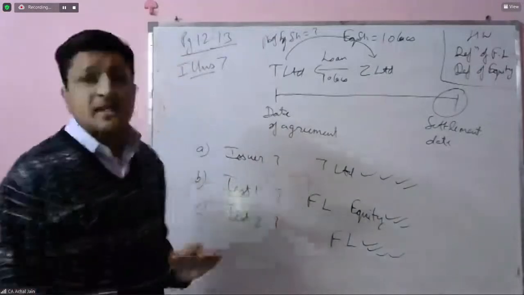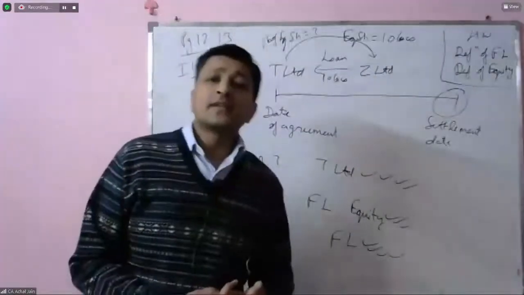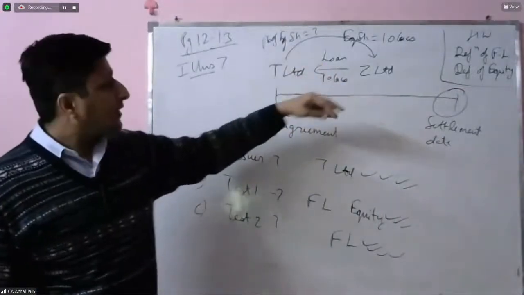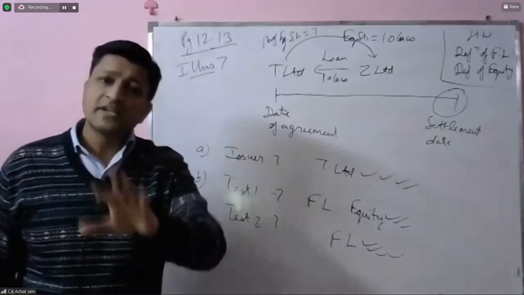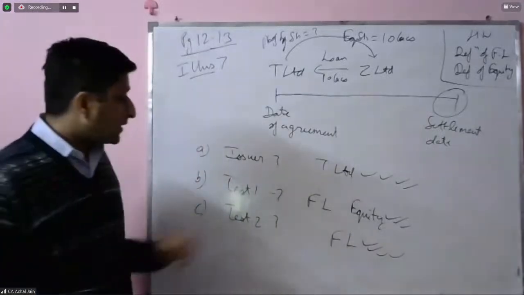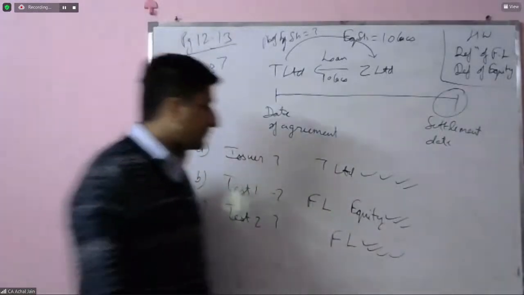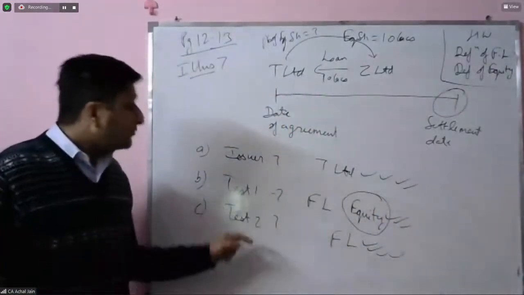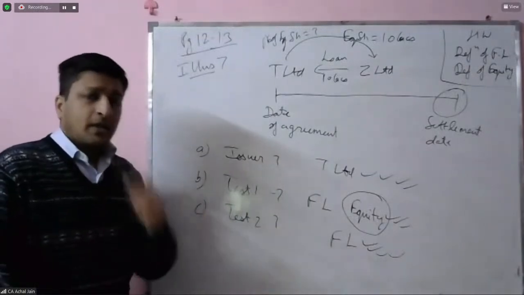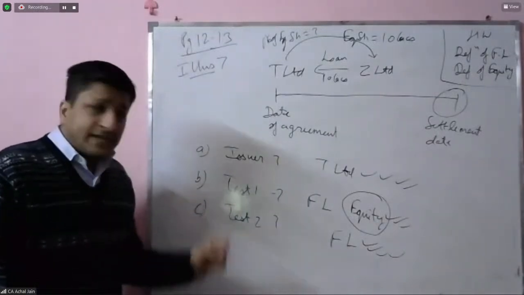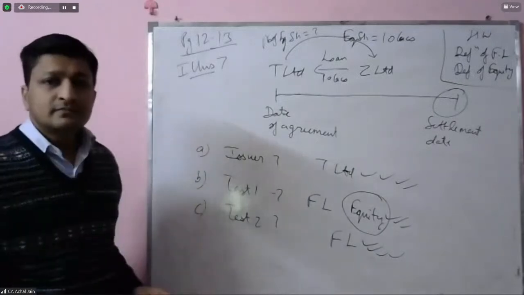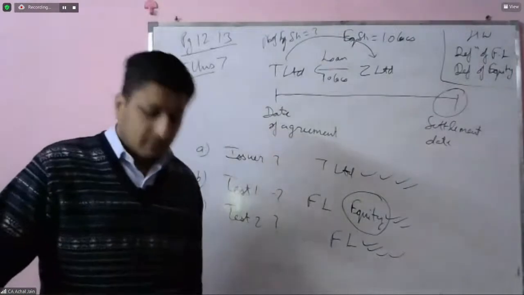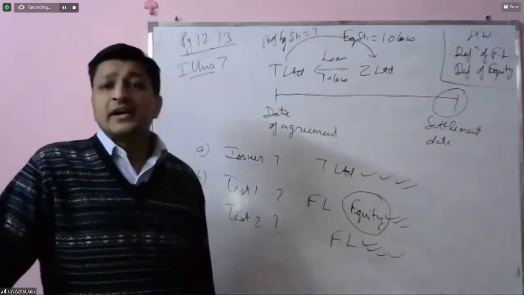If you look at test number 1, we need to check whether the principal will be repaid. No, because it will be converted into equity. On the loan, again, we don't know, so we assume it will also not be repaid. So it becomes equity because of that. Now, if you look at test number 2, it requires equity to stay as equity only when the fixed for fixed criteria will be met.